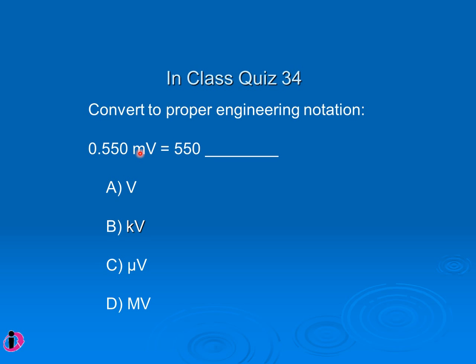Number gets bigger, prefix gets smaller, right? Milli is 10 to the negative 3. If you decrease it, it becomes 10 to the negative 6, which is micro. Right? The right answer is C.